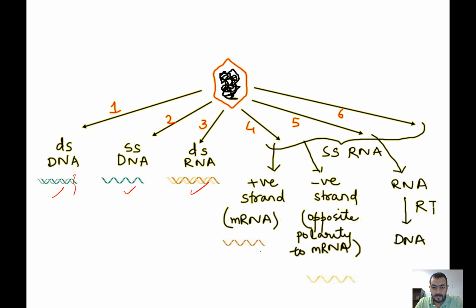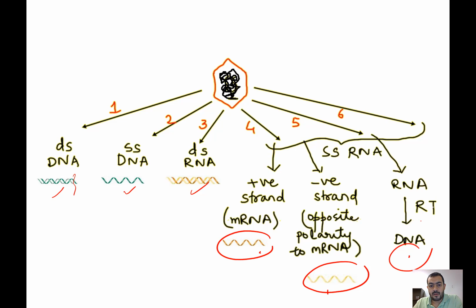Then we have these three types of single-stranded RNA viruses. One of them is with plus sense, or positive polarity, which can be translated directly into protein. The other one is negative sense, so this is an opposite polarity. It needs further steps. Then the last one with the reverse transcriptase enzyme.